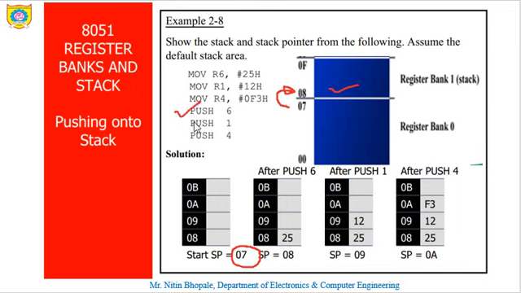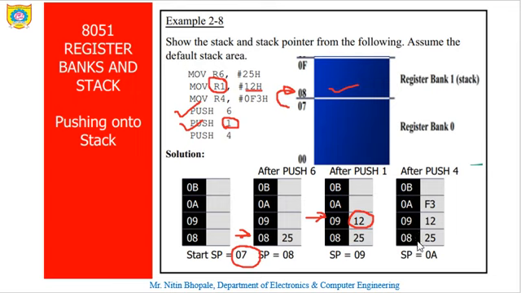Similarly, the next operation is PUSH 1. This implies pushing the contents of R1 to the stack. Again from location 08, the stack pointer will be incremented by 1, so it will be at 09, and the contents of R1, that is 12H, will be pushed to 09H.